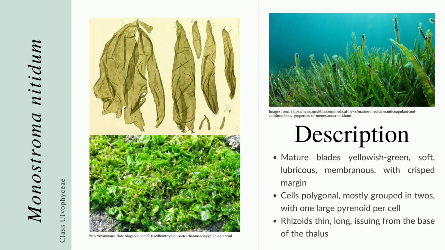In surface view, its cells are rounded polygonal with one large pyrenoid per cell. The cells are mostly grouped in twos. Its rhizoids are thin and long, issuing from the basal portion of the thallus. Monostroma nitidum is commonly growing on rocks and stones in the uppermost to middle intertidal zone, mostly in sheltered inlets and coves.